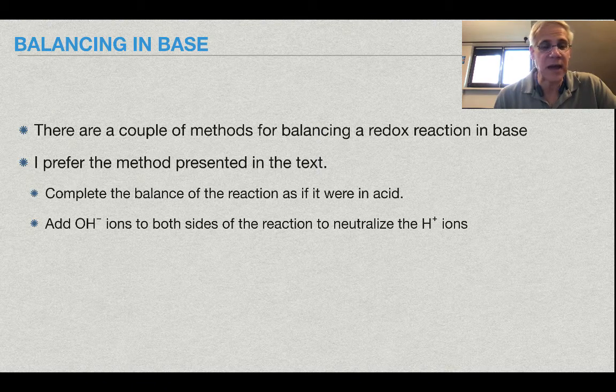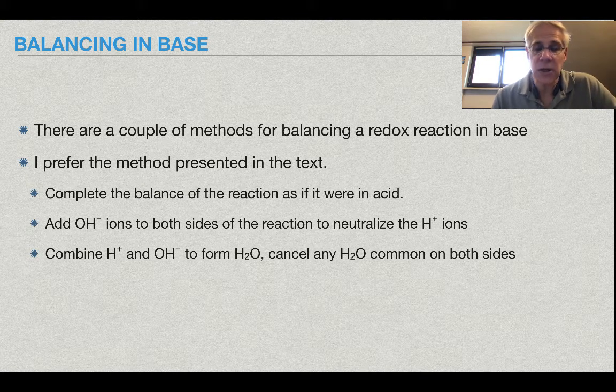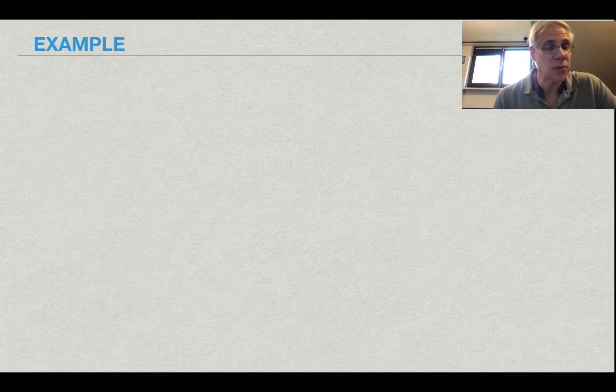In other words, I need to add the same number of OH minus ions as I have H plus ions in my final balanced reaction. Any of the H pluses and OH minuses that are on the same side will combine to form water, and then chances are you've got water on both sides of the reaction. You cancel out any H2O that's common on both sides, and then you're done with your balance.